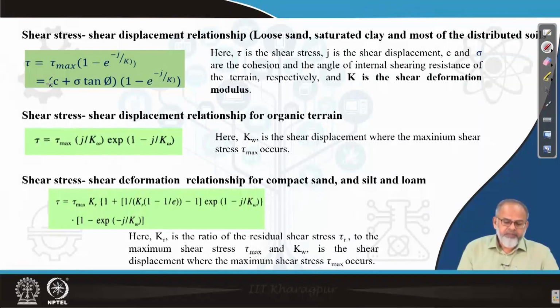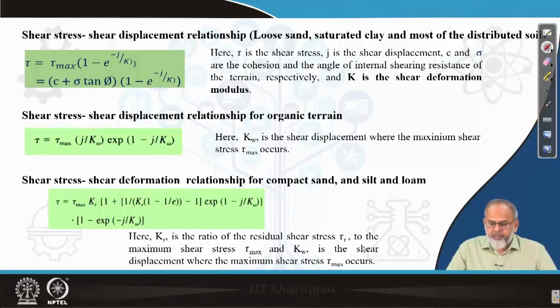And the third relationship is tau equal to tau max into kr into 1 plus 1 upon kr into 1 minus 1 upon e to the power 1 minus j upon kw into 1 minus e to the power minus j by kw. So these are the three relationships available. Depending on our soil condition, we have to select one relationship.